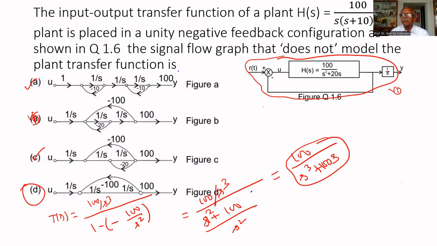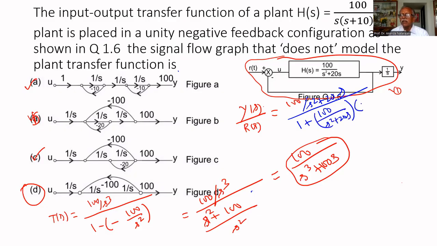So what is the transfer function for this? Here, the closed loop transfer function is Y of S upon R of S equal to 100 divided by (S square plus 20S), whole divided by 1 plus 100 divided by (S square plus 20S) multiplied by 1, unity feedback.